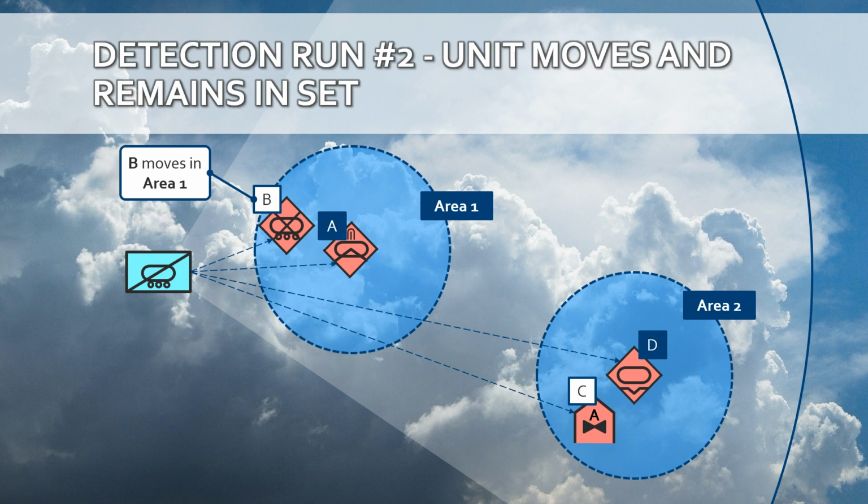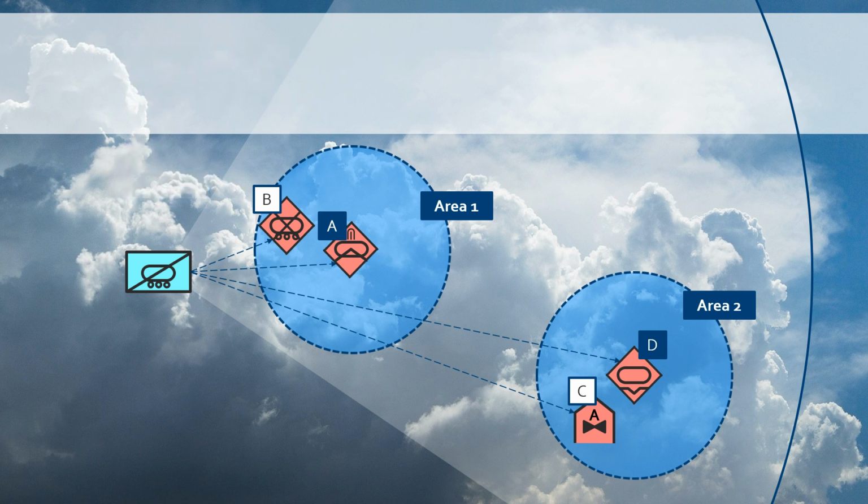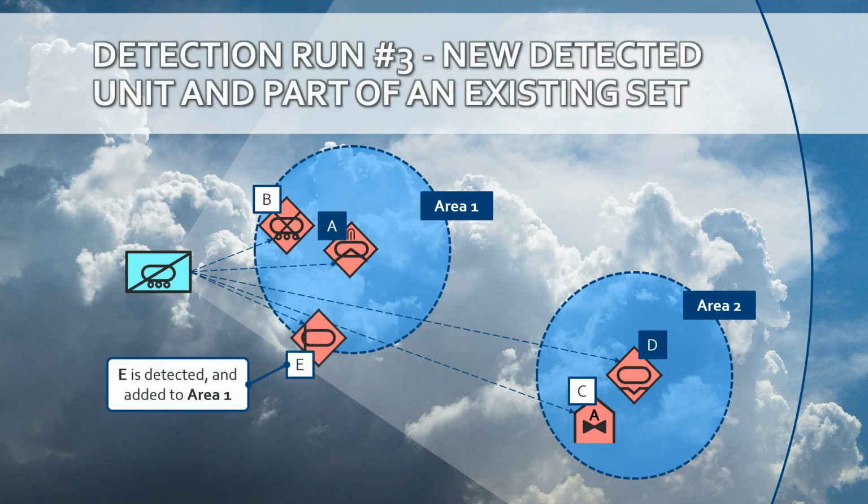When I do detection run 2, B would move, but would still remain in area 1. So in the next detection run, nothing changes, just B has moved. Let's go to detection run 3 and see what happens. This is interesting. There is a new unit detected, unit E, and because it's within the parameters of area 1, it will be added to area 1.